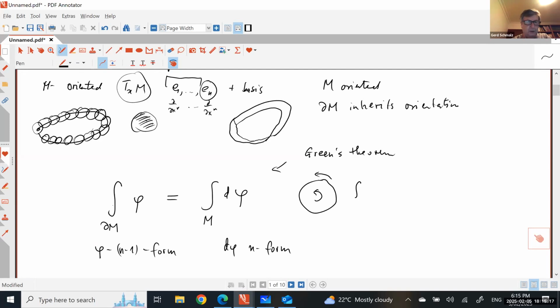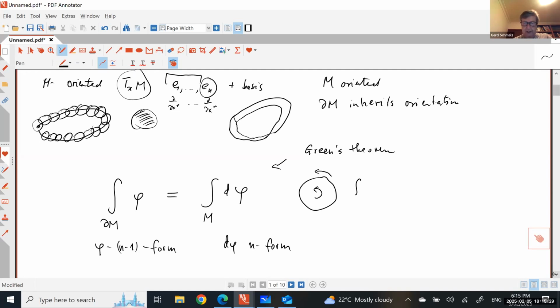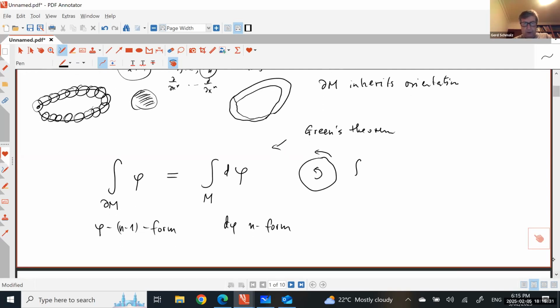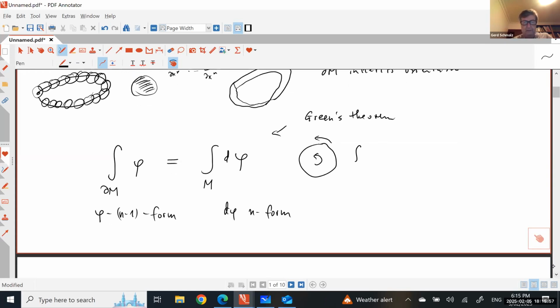So here we always just use the integral itself, no double or triple. We wouldn't write n integral signs to emphasize that we are actually talking about an n-fold integral. We have talked about double and triple integrals in calculus and multivariable calculus. So here we actually have n-fold integrals and n-1-fold integrals, and we just write one integral. And if we indicate that the integration is over an n-dimensional manifold, then of course it's an n-fold integral.